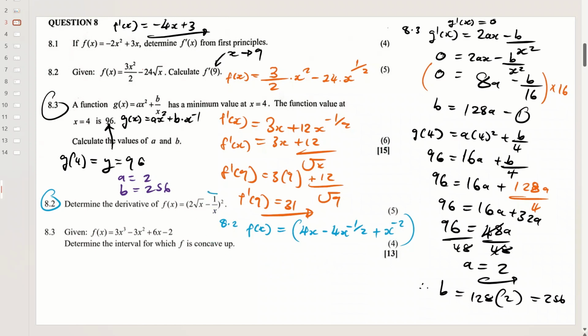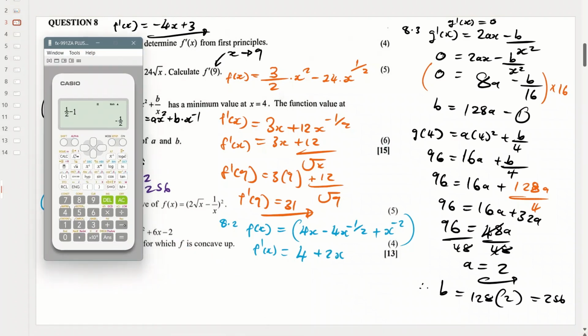So now, guys, remember I told you that you can take the reciprocal of this, which is x to the negative 1. Yeah, don't be alarmed. So now, taking the derivative of that, we are going to have what? 4 plus 2x, and then let me see, I think it is going to give us negative 3 over 2, minus 1.